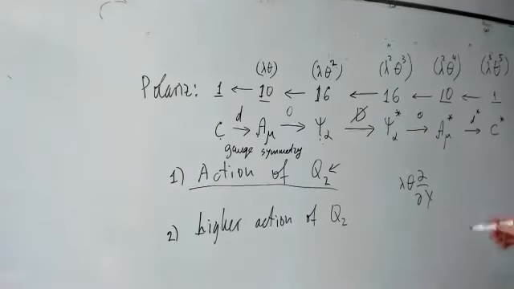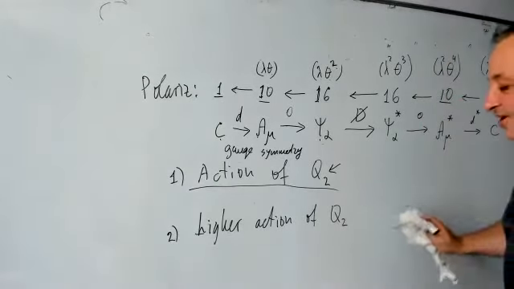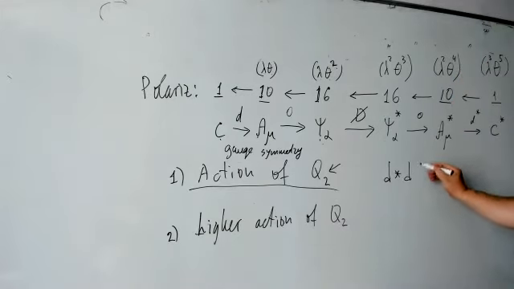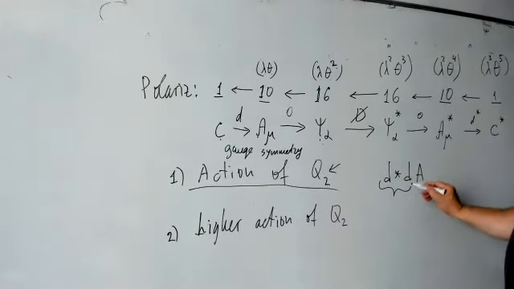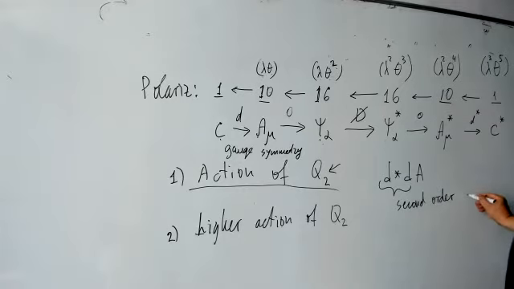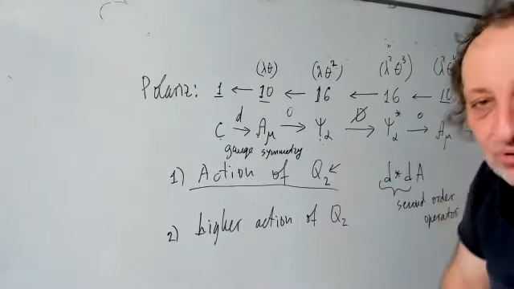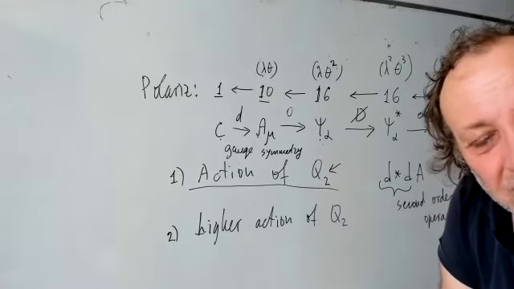Let us recall that Yang-Mills equation of motion, at least Maxwell equation of motion, starts from this. So it is a second order differential operator. So of course, if we restrict Q2 to cohomology, we cannot get a second order differential operator.